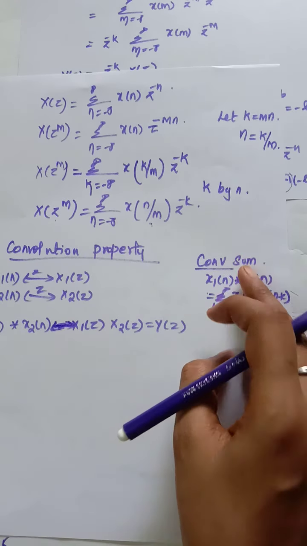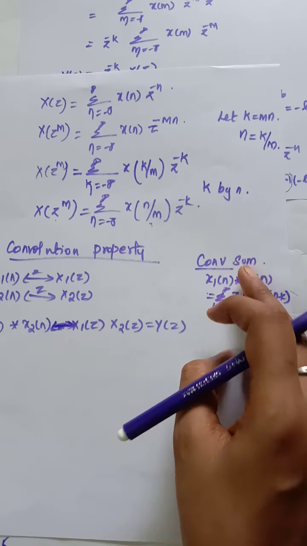Okay, now combining these two, summation k equal to minus infinity to infinity x1 of k z power minus k, and summation n equal to minus infinity to infinity x2 of n minus k z power minus n minus k. Combining these two terms like this.